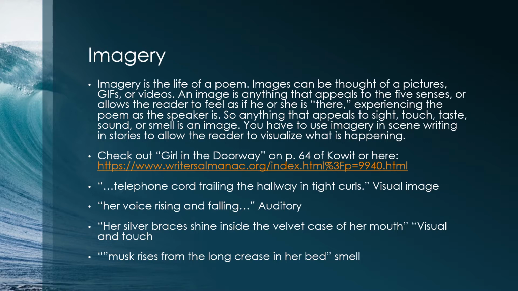The telephone cord in tight curls is symbolic of how she's wrapped up in a tight curl, almost as if she's got a lot of tension, and the implication is it's sexual tension, as she is getting into puberty here. Her voice rising and falling, her silver braces shining. So again and again, all of these elements have something to do with her growing into sexual maturity.